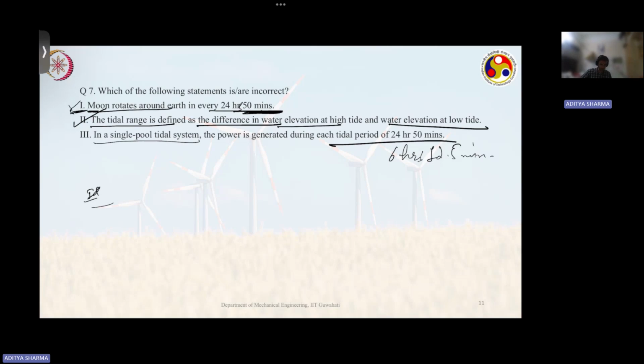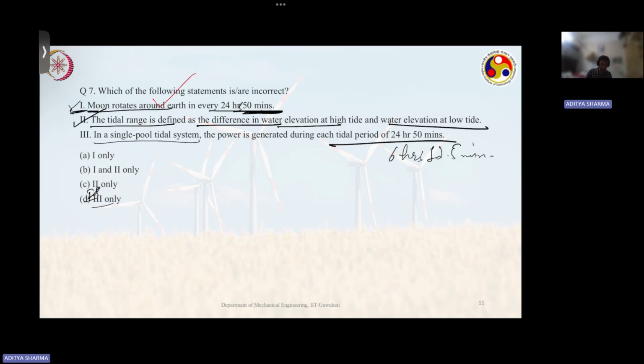Now if you see question number 7, it says which of the following statements is correct. The moon rotates around the earth every 24 hours 50 minutes.